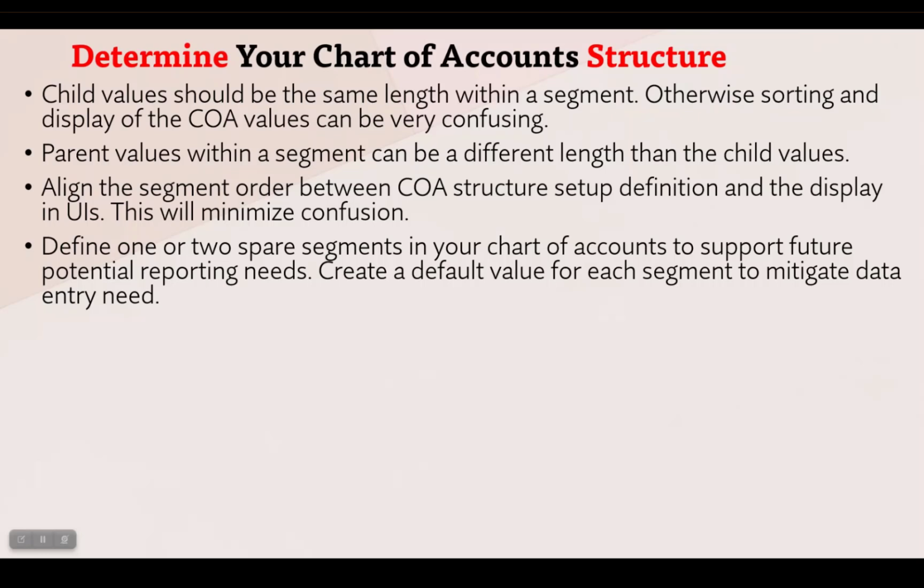In this case, we have 2 future segments, so I can change one of them to make it a project segment. And in this project segment I can define the value set values as project 1, 2, 3, 4, 5, and so on.